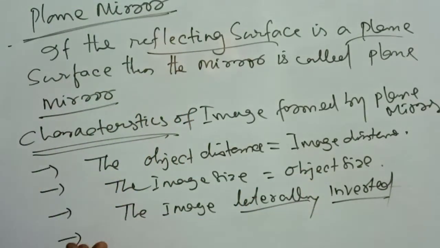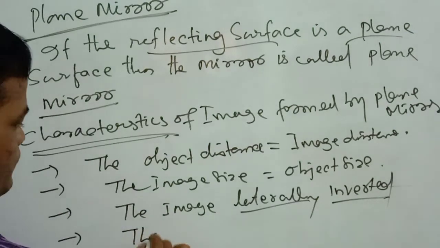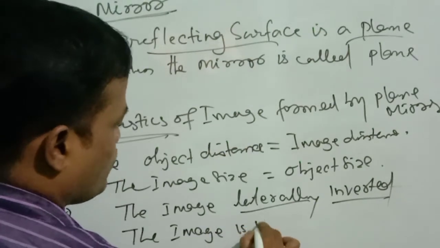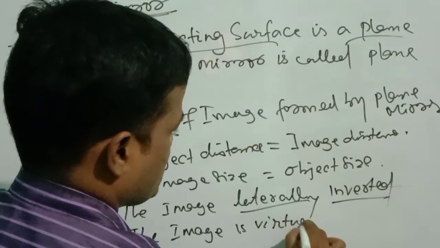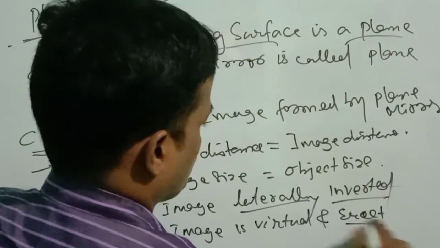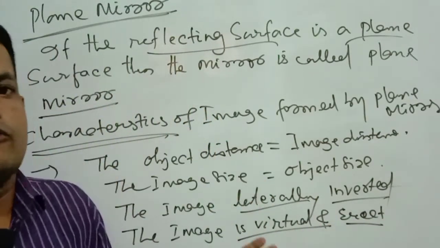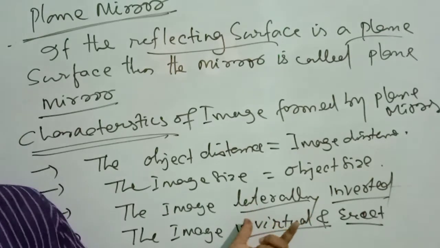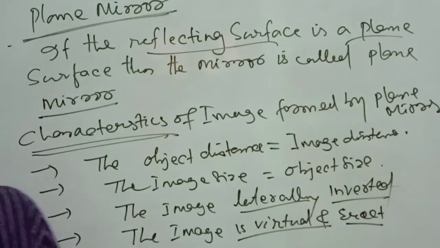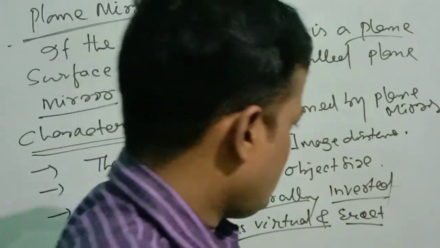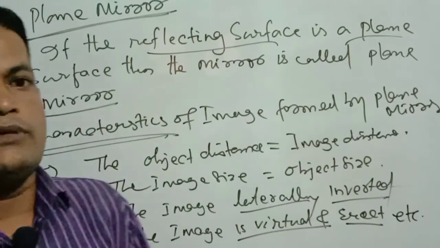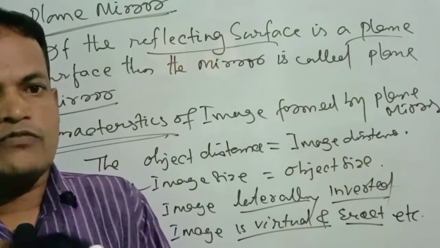Number four, the image is virtual and erect, because it cannot be obtained on a screen. That's why this is called a virtual and erect image. So these are the characteristics of the image formed by a plane mirror. Now let us see the uses of plane mirror.